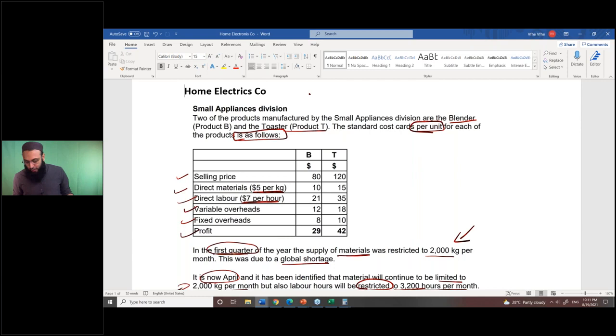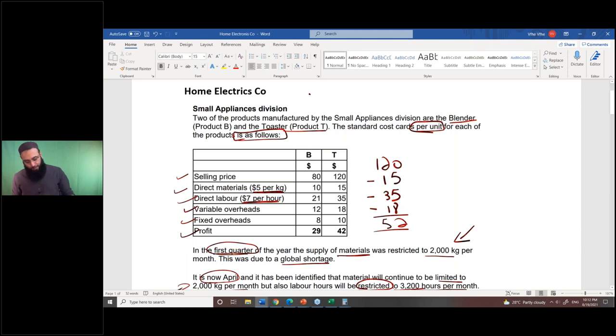It's a straightforward calculation. You have the selling price of T here, and that's 120. From this 120, you subtract materials of T, 15, minus 35 labor, minus overheads of 18. This gives you the contribution of 52. Okay, 52 is the contribution.